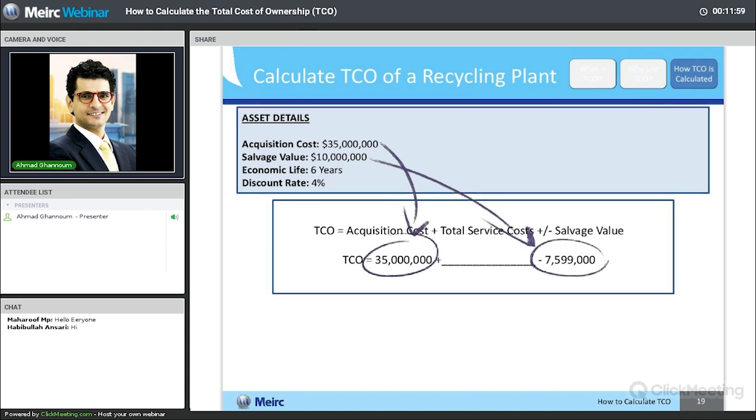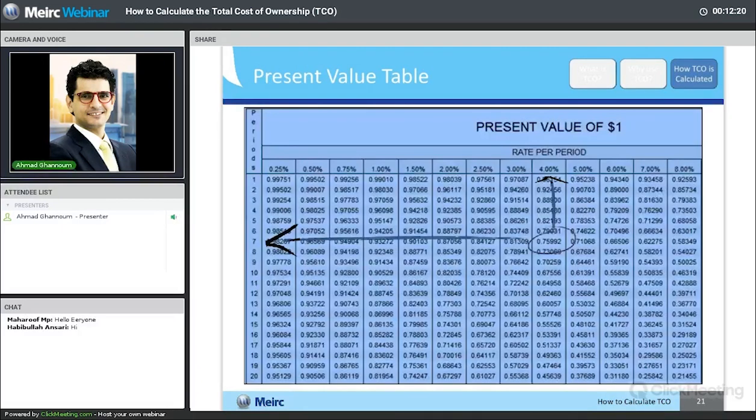So the $10 million you expect to cash in 7 years from today is actually worth a lot less than the $10 million are worth today. How much less? Well, we're going to multiply that figure by 0.7599, which is 10 million discounted at 4% over 7 years.